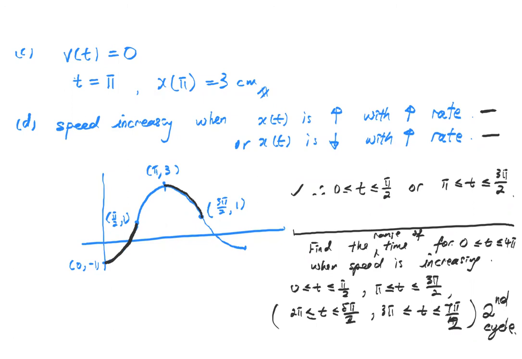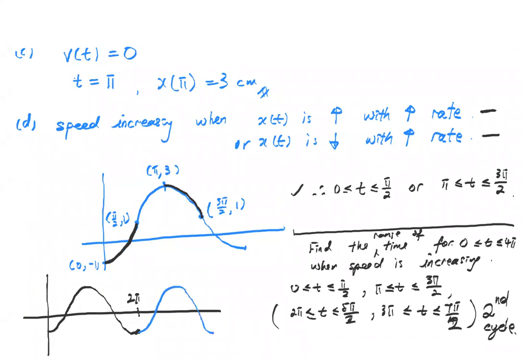Because if I draw the graph, you look, I sketch the graph for you to see. It goes like that. This is one cycle, stop here at 2 pi. Then after that, it continues with the next cycle and it ends at 4 pi.